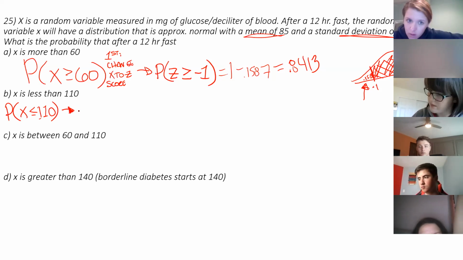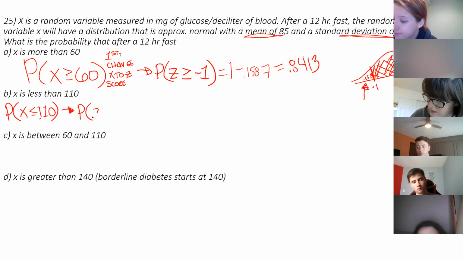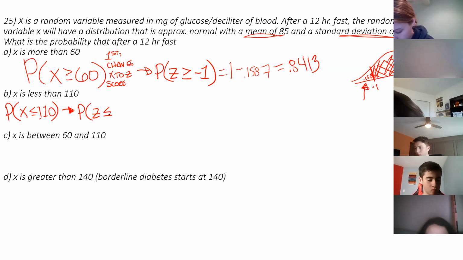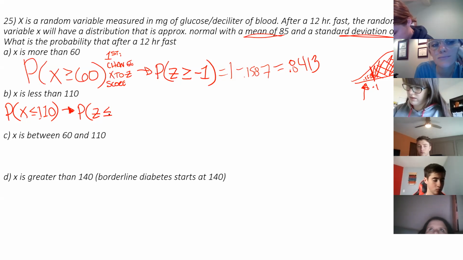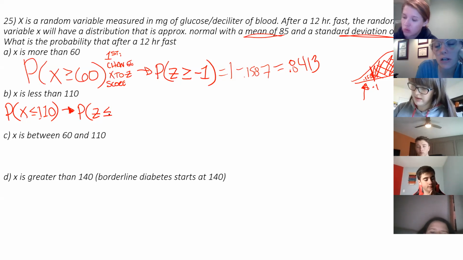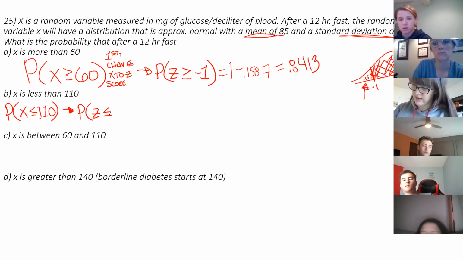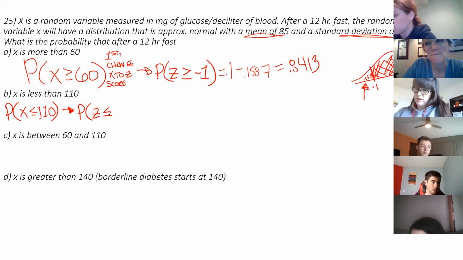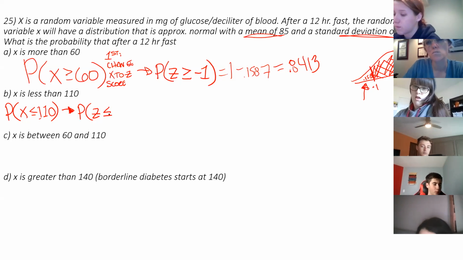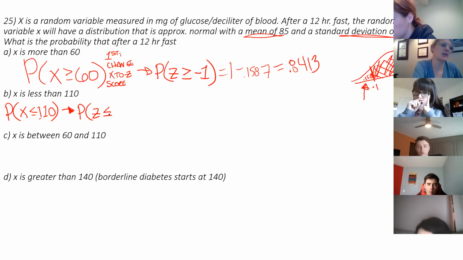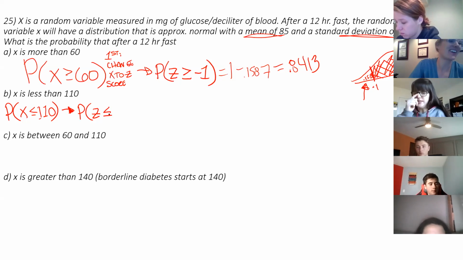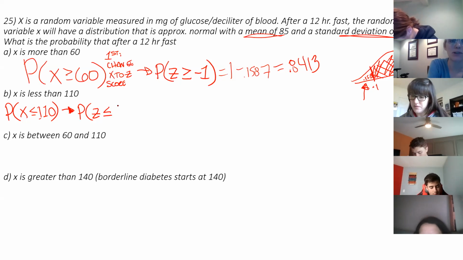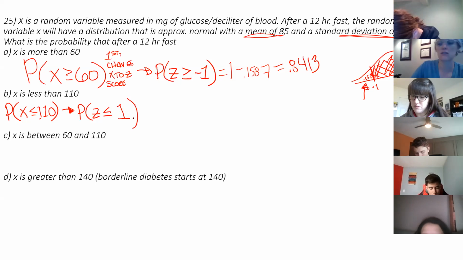No. So this is the probability that z is less than... everybody get it already? 110 minus 85 is 25, divided by 25. It's 1. Good. So it's the probability that z is less than +1.